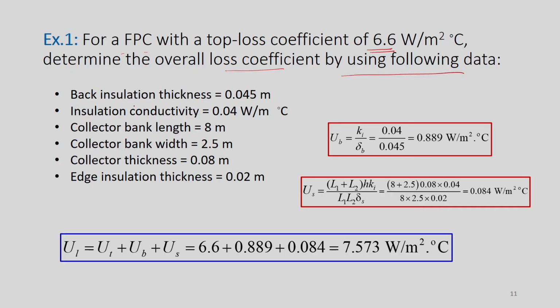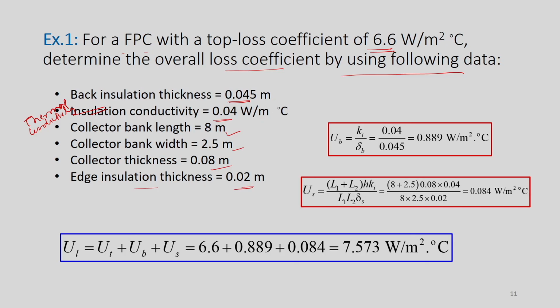The back insulation thickness is given as 0.045, then the thermal conductivity is something like 0.04 watt per meter degree Celsius. Then collector length is given, collector width is given, collector thickness is given, then the edge or side insulation thickness is given as 0.02 meter.